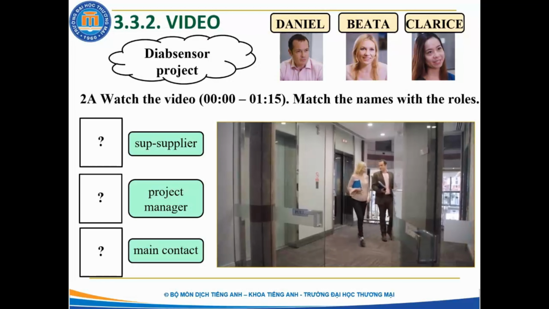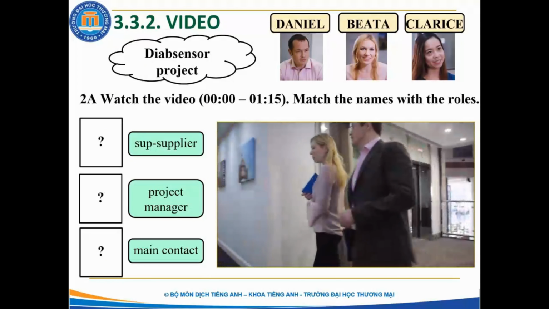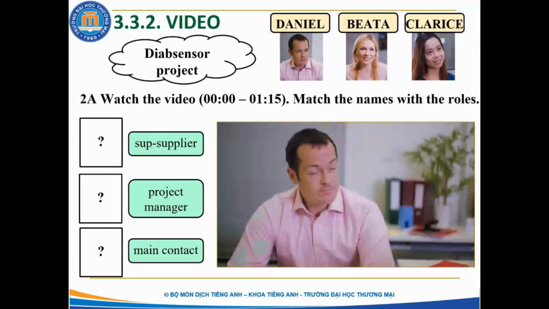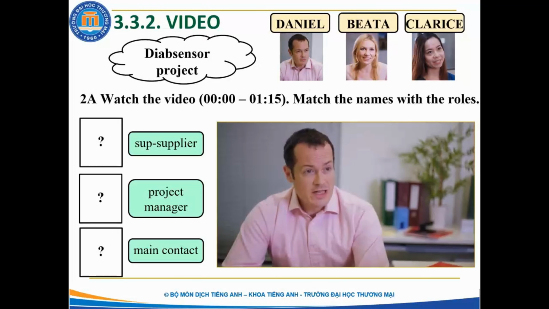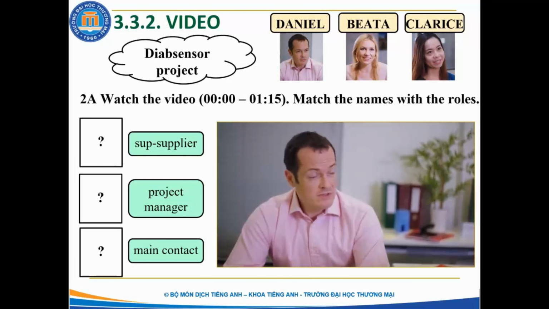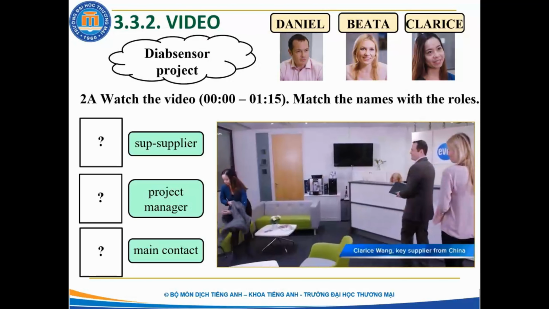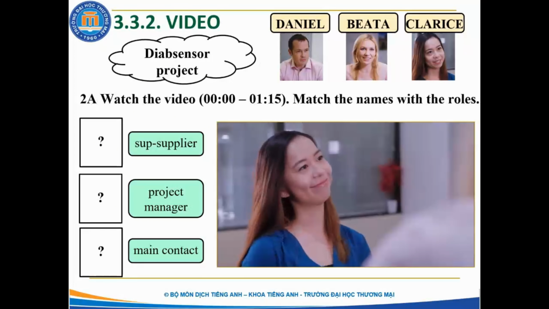The thing is, I'm going to be really busy on Jessica's new project for the next few weeks, so I need Beata to do the day-to-day work on the Diab sensor. I'm sure she'll be able to stand her ground and deal with the various issues, but if she does have problems, I'm still the project manager, and she knows that my door is always open. Clarice, good to see you. This is Beata.